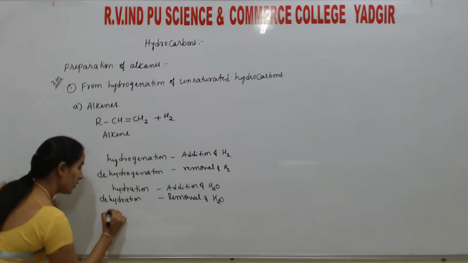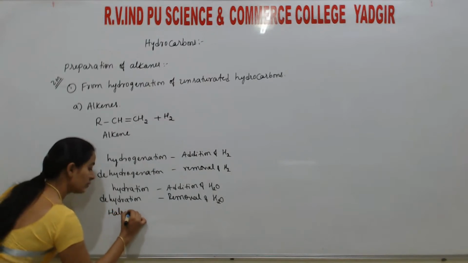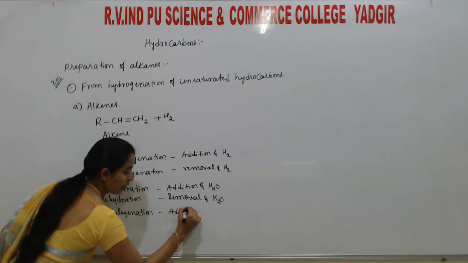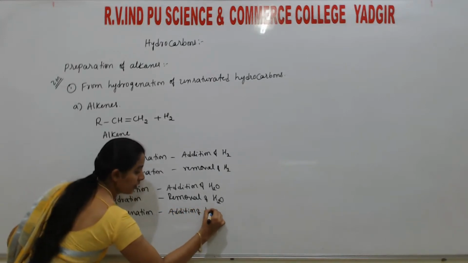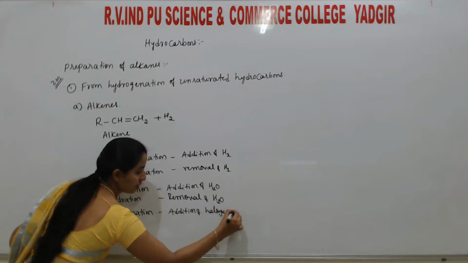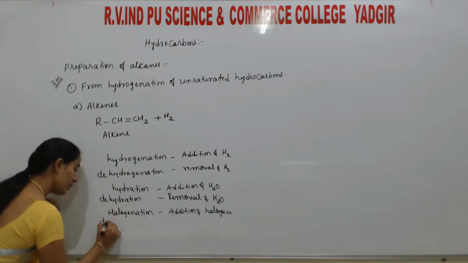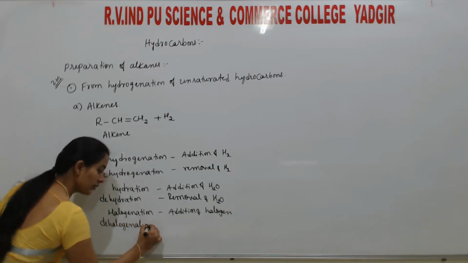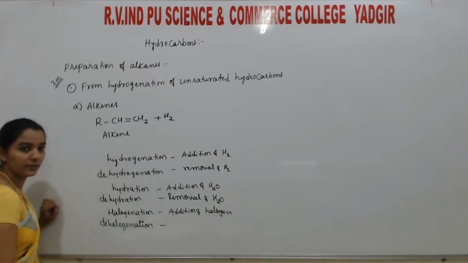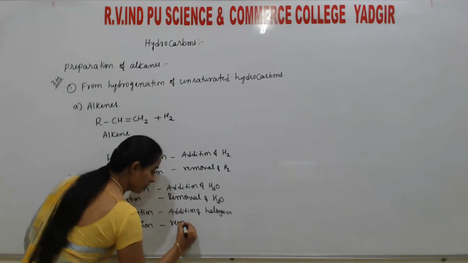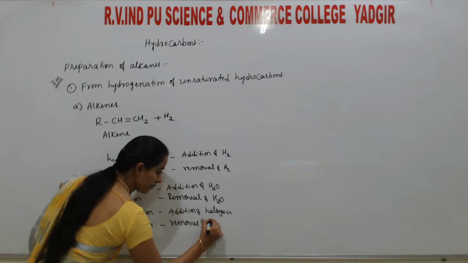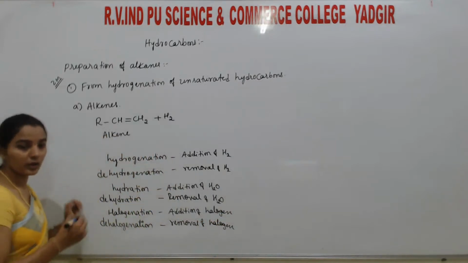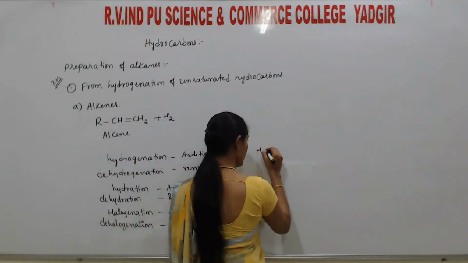Okay? Next, halogenation is addition of halogen. Next, dehalogenation means removal of halogens. Okay, next.